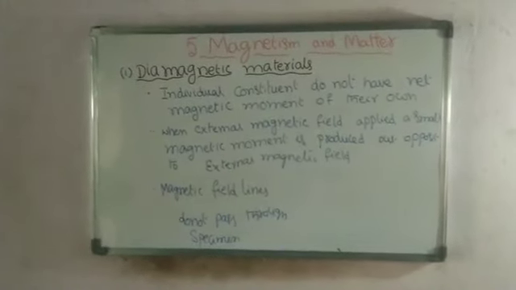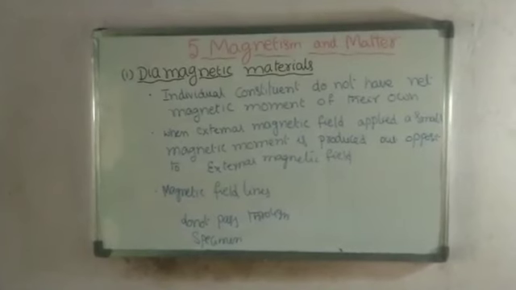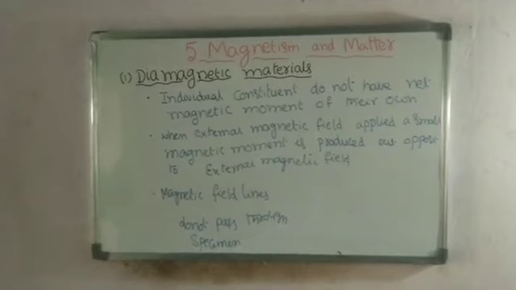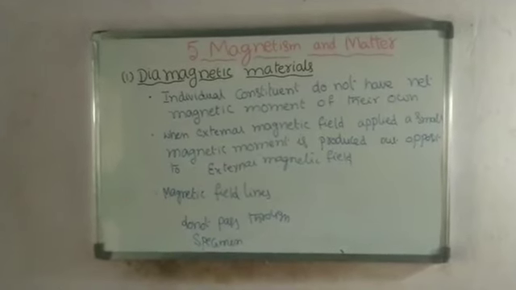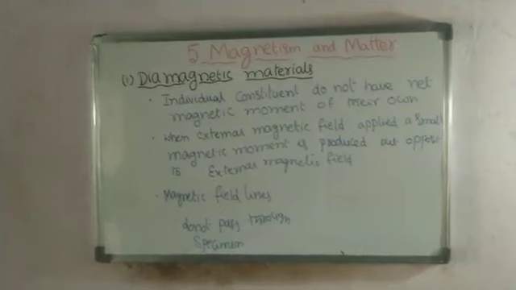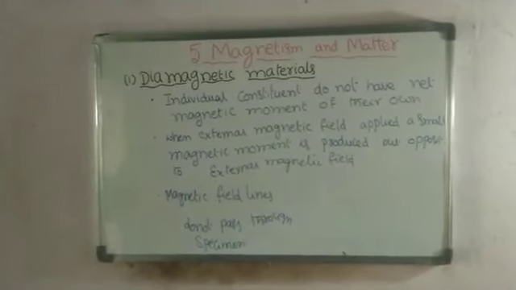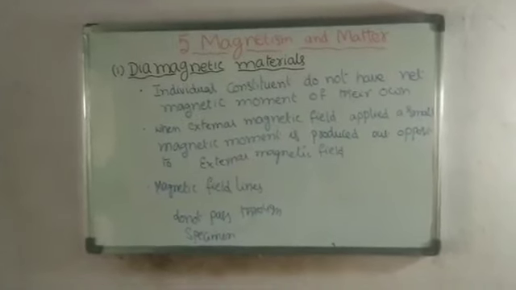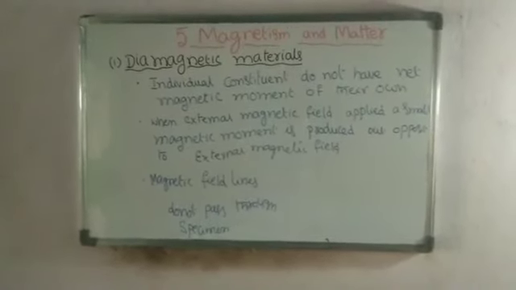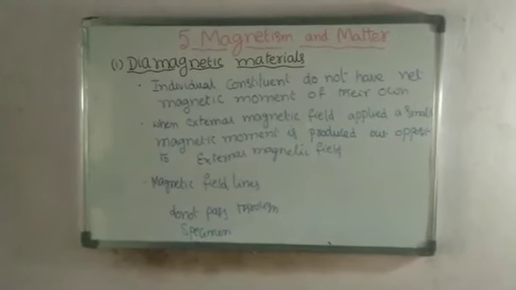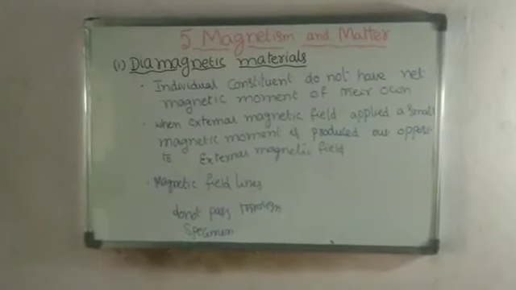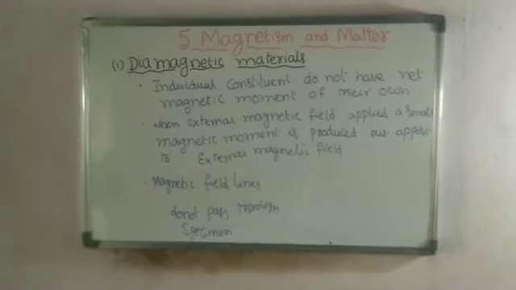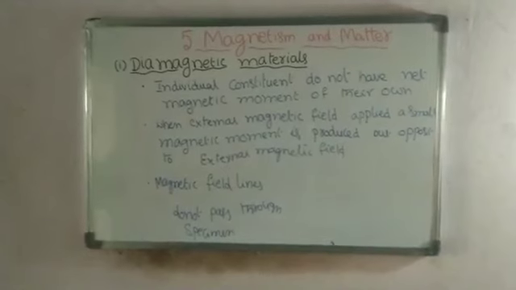Now the second point: when this diamagnetic material is placed in an external magnetic field, a small magnetic moment is produced, but it is opposite to the external magnetic field.